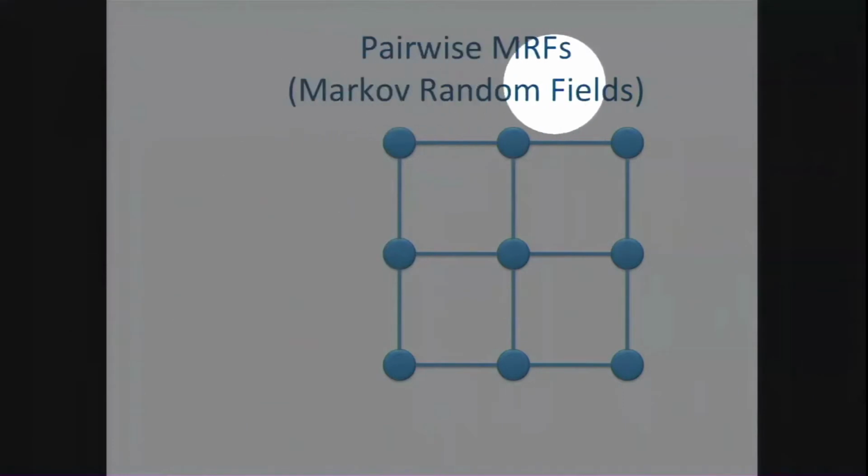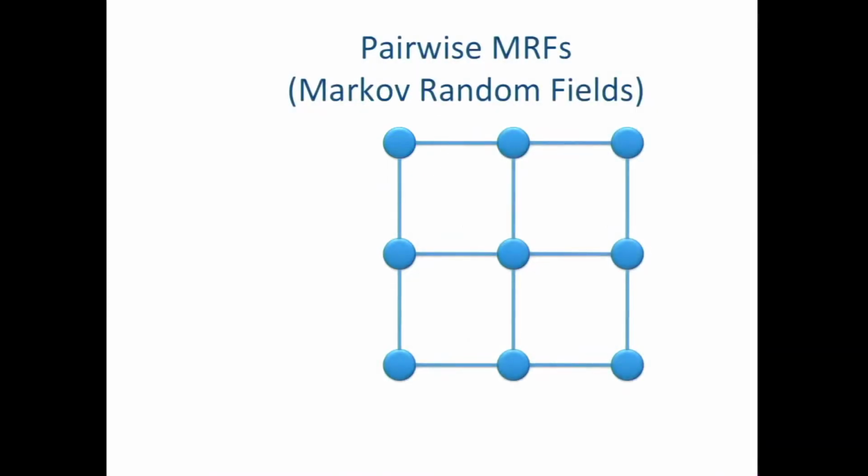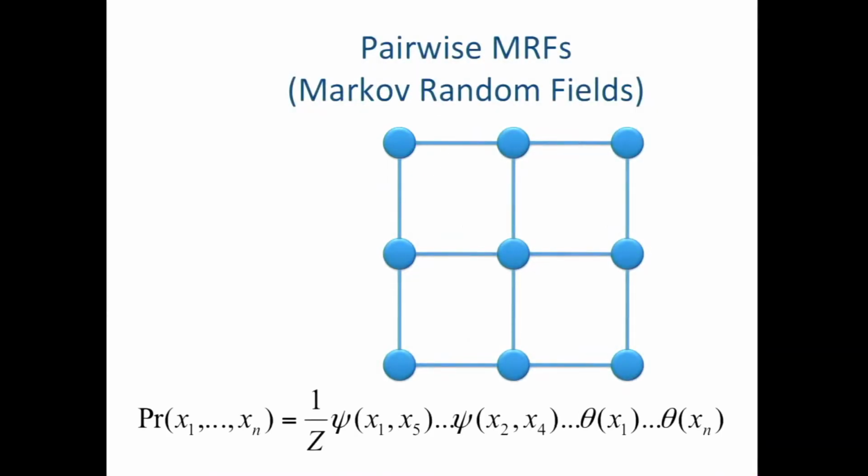It is a special case of this creature. It's a graph, and with pairwise MRFs, you have factors over edges. These are variables, so when you put a factor here, the factor is over two variables. Or you put a factor over individual variables. Looks like this.